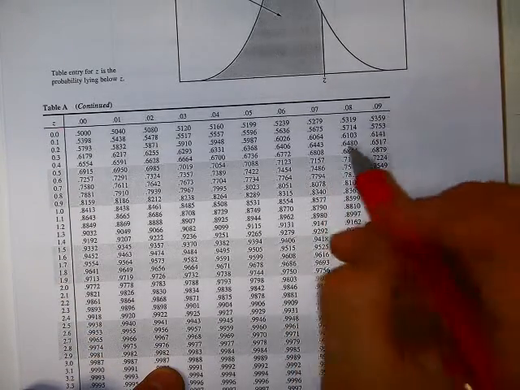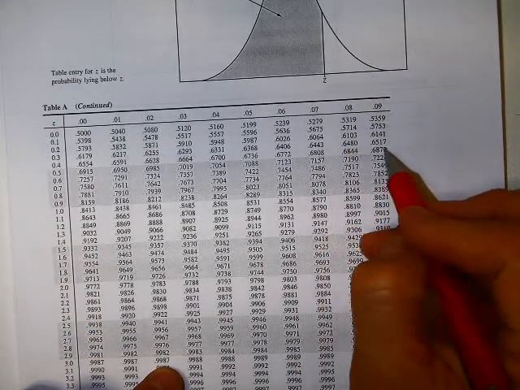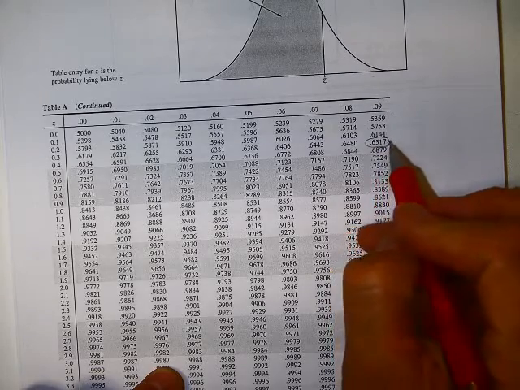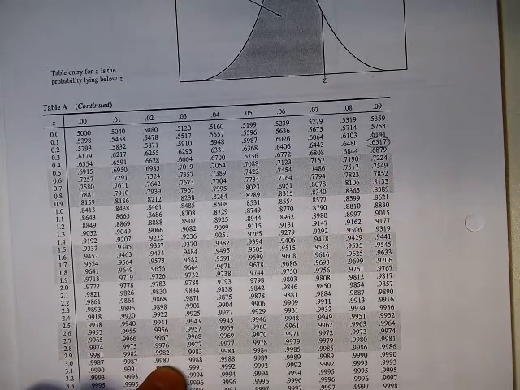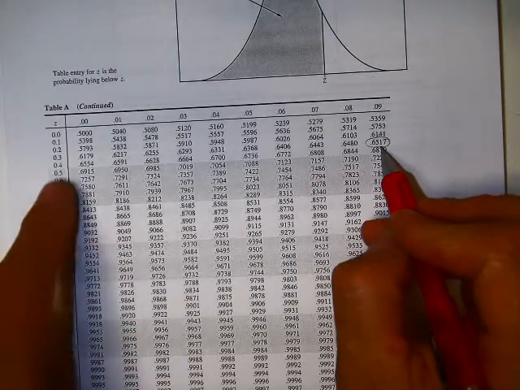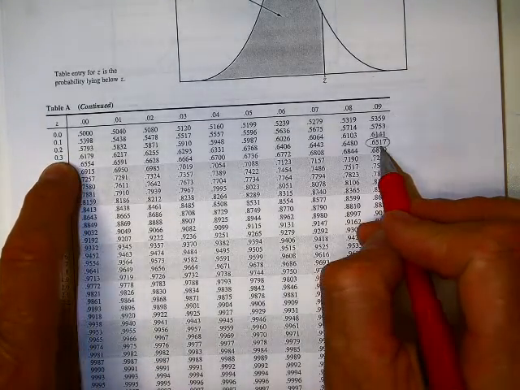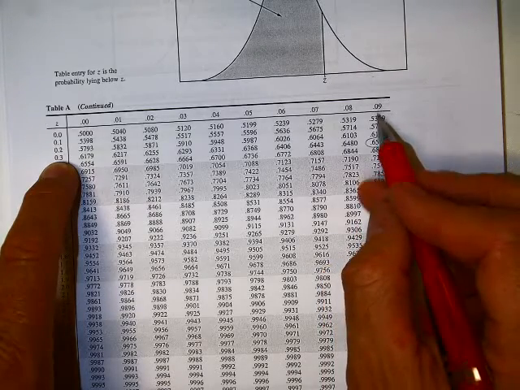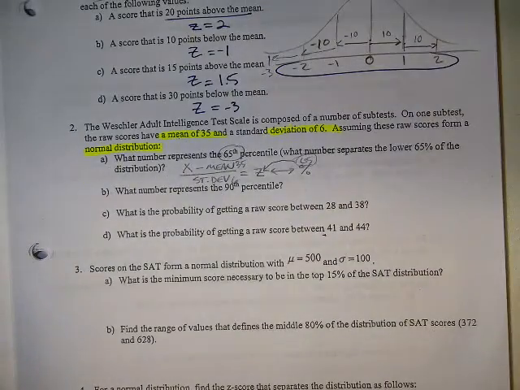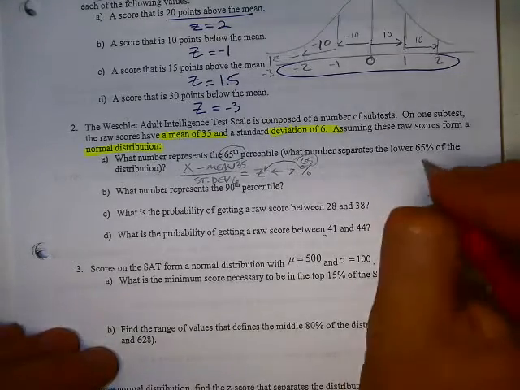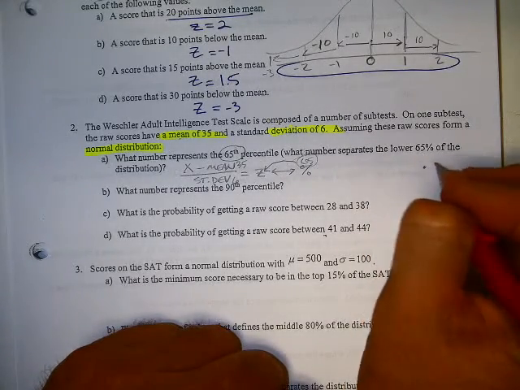And I have .6480 or .6517. It turns out this one's the closer to 65. I want that one, even though it's over. So that's going to be 0.39 is the z-score for that. So 65th percentile puts your z-score at 0.39.